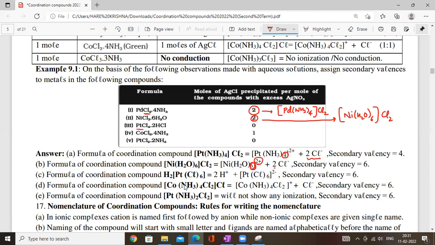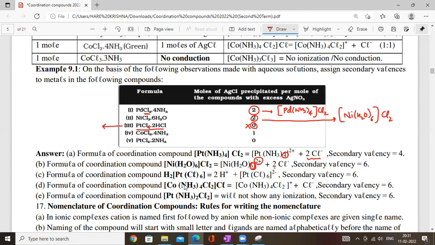In the next example, again, no silver chloride precipitate is obtained. That means all the ions are inside the coordination sphere. So 4 here and 2 chloride ions, that means a total of 6.